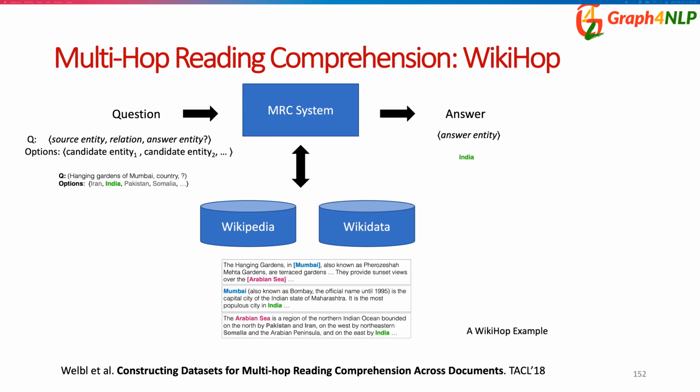One popular data set for the task is called WikiHop. Here the input is a question in the form of source entity, relation, unknown answer entity, along with a shortened list of candidate entities. Then based on Wikipedia and Wikidata, the reading comprehension system can select the correct candidate entity from the given list. This is what this particular data set looks like in general.